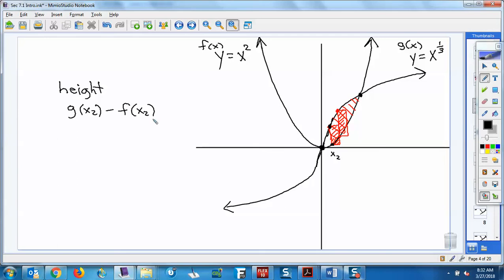Okay? And here's another good reason. The x-axis plays no role here whatsoever. Because imagine taking these two functions and now just shifting them down a ways. Would that red area change? The red area would still be the same region. If you grab these two functions and moved them both down here, the area between them would still be that red region. It would not change.